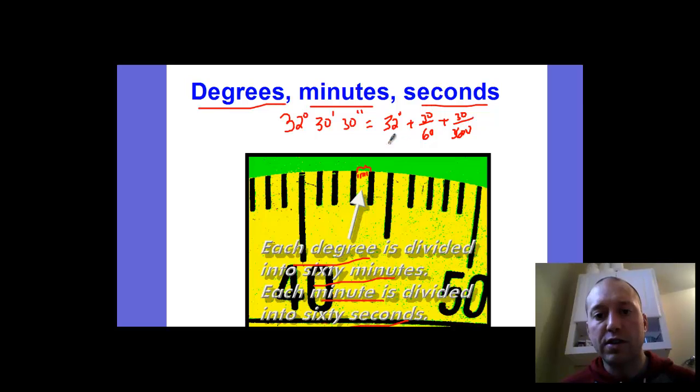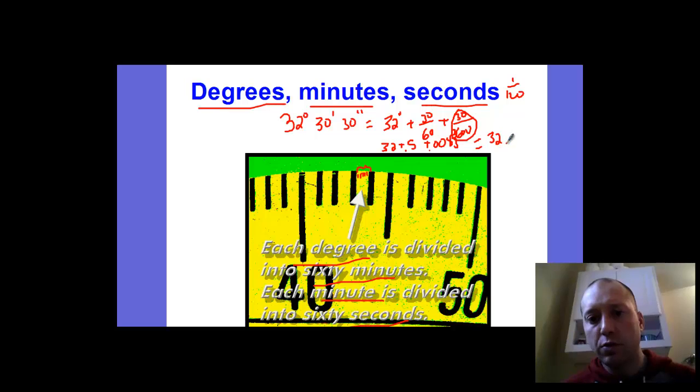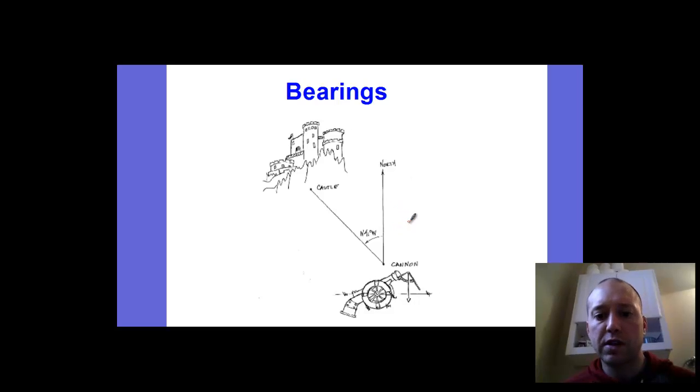And so if I convert this to decimal form, this is 32 plus 0.5, which is the 30 over 60, plus 1/120th. So this fraction here is 1 over 120. If you divide that, that's 0.0083 repeating. So then if I add my decimals, I get 32.5083 repeating.